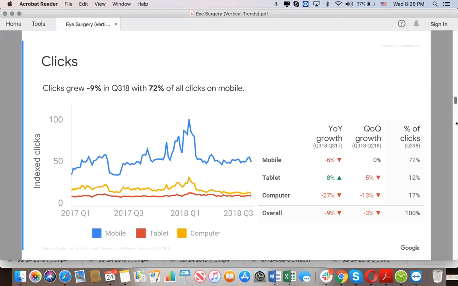As you see from the graphics, actual mobile is slightly growing if you take Q1 2017 to Q3 2018. It's slowly going up. Again, mobile is everything. You see the difference in the 2018 third quarter between mobile and computer.